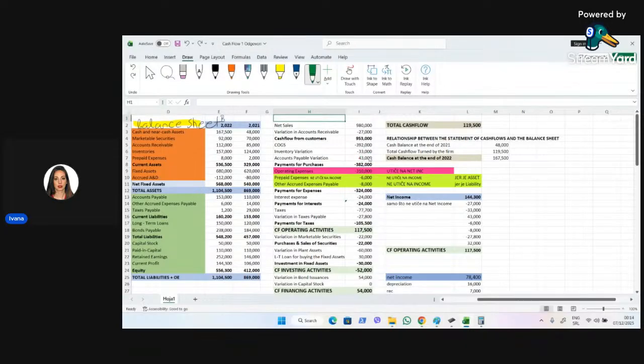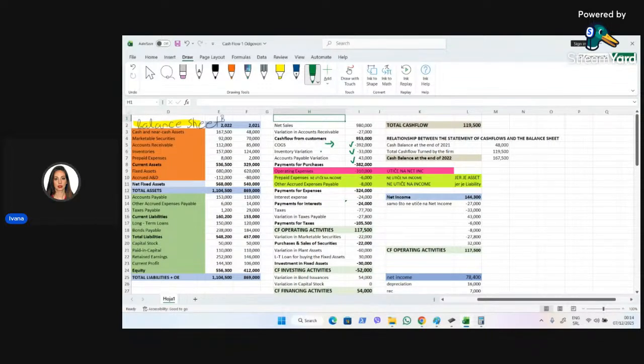It's not paid yet. So these are actually payments for purchases. COGS, cost of goods sold: we had to buy many materials and goods in order to sell these goods.